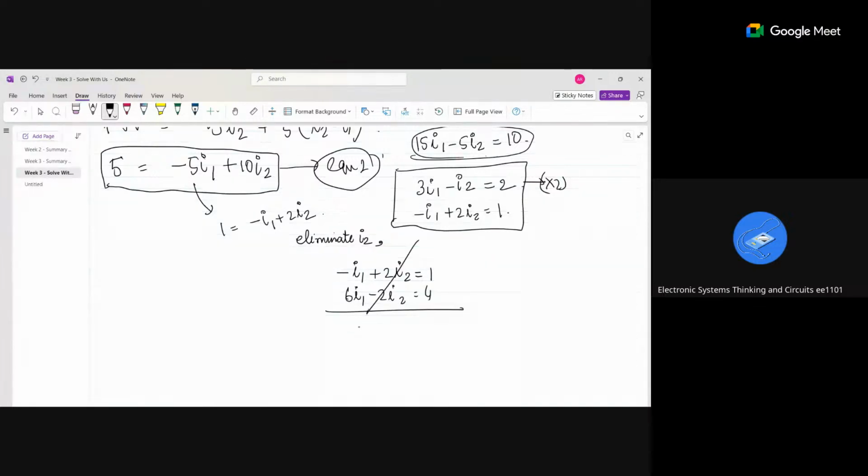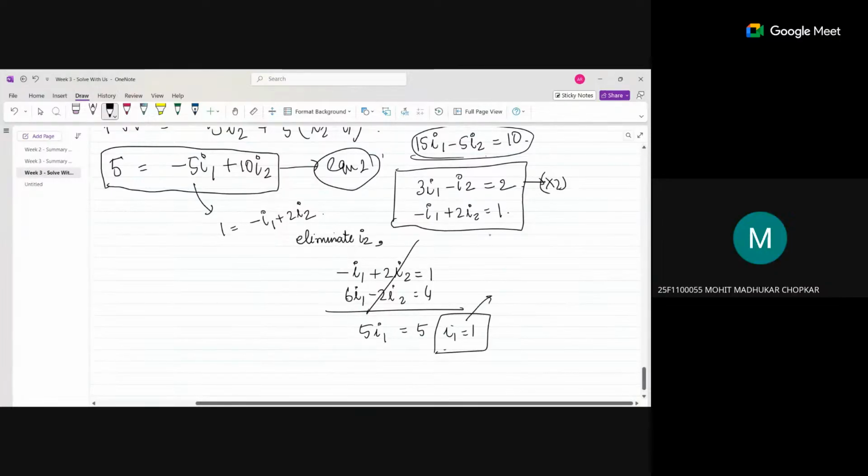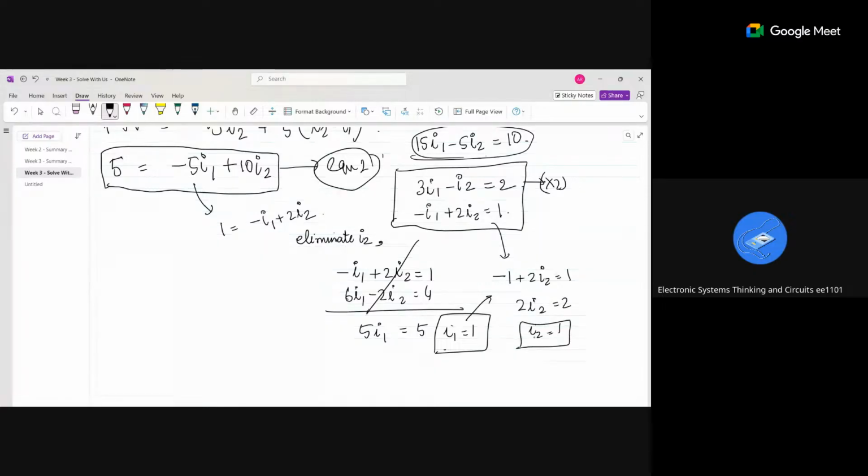So the I2 terms get cancelled out. 5 I1 is equal to 5, so I1 is equal to 1. In either equation, I will apply this: 2 I2 is equal to 1 plus 1, so 2 I2 is equal to 2, and I2 is equal to 1. This method we call the elimination method, because we are eliminating one variable to find the other variable.